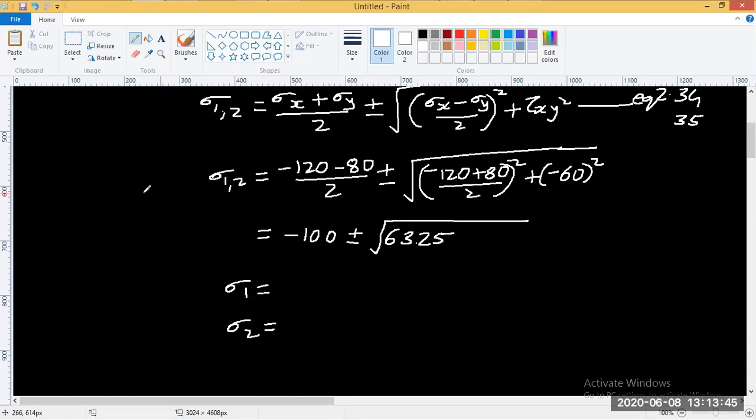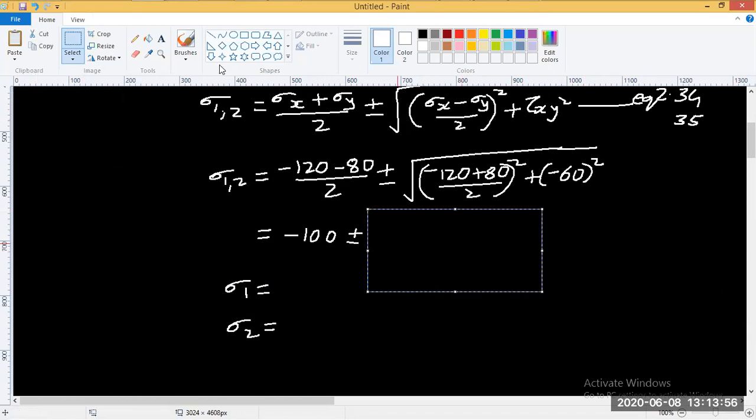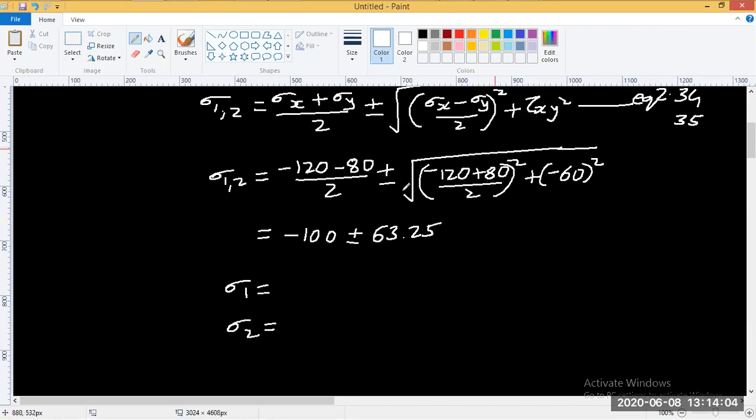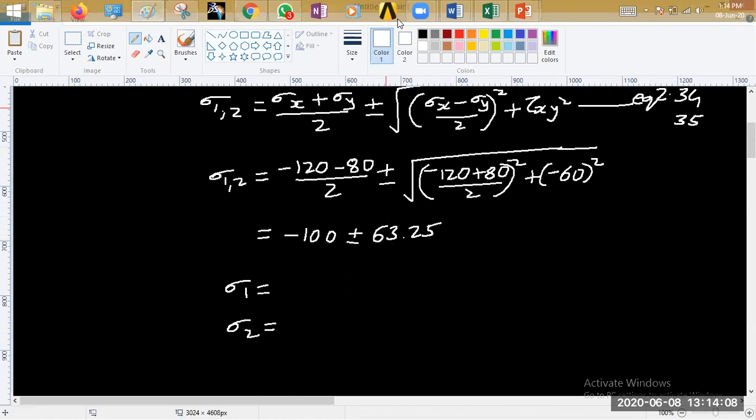You get root of 400, so the root won't be there. So this is just 63.25. Once you calculate all of this, now you will get 63.25.